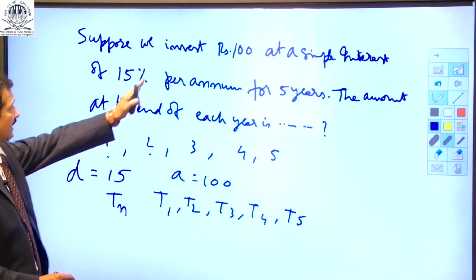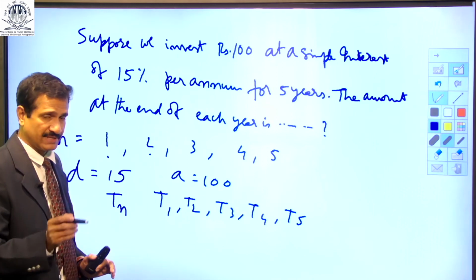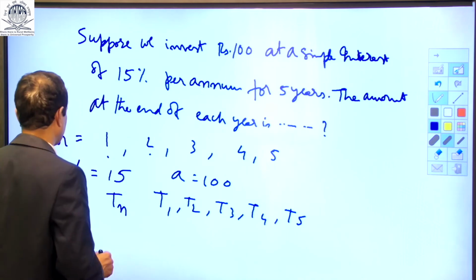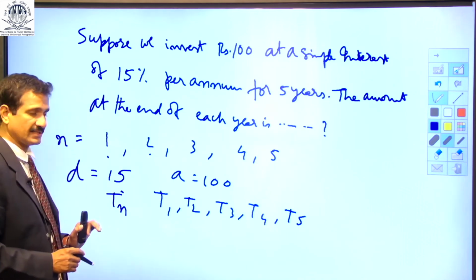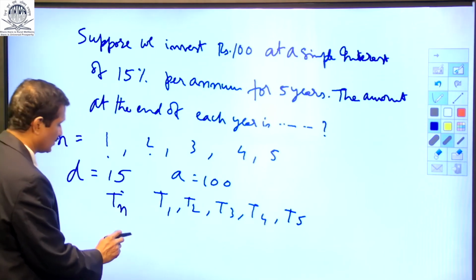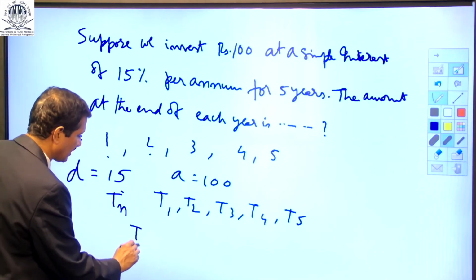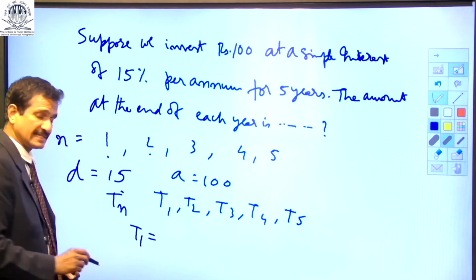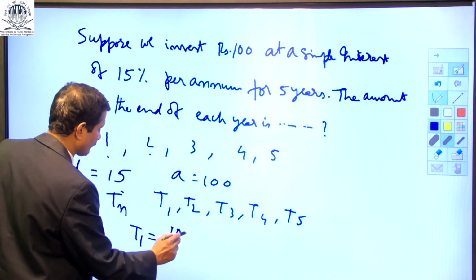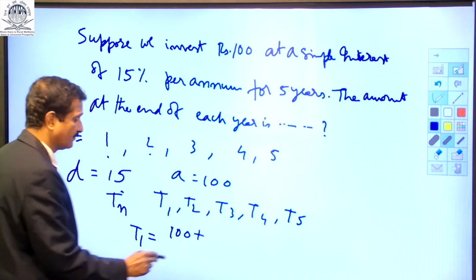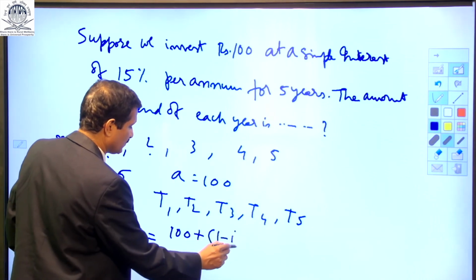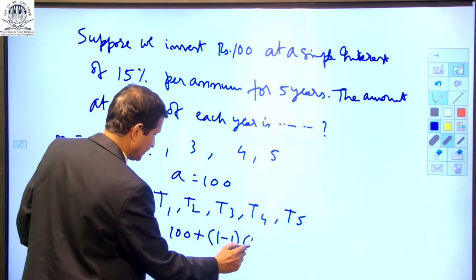We know that the interest is 15%. 15% means 15 rupees per 100. So the common difference is 15 rupees. So the common difference here is 15. The initial amount is 100, that is what you put. So for the first year you get T1, which is equal to A plus n minus 1 D, that gives you A is 100 and n minus 1 into 15.